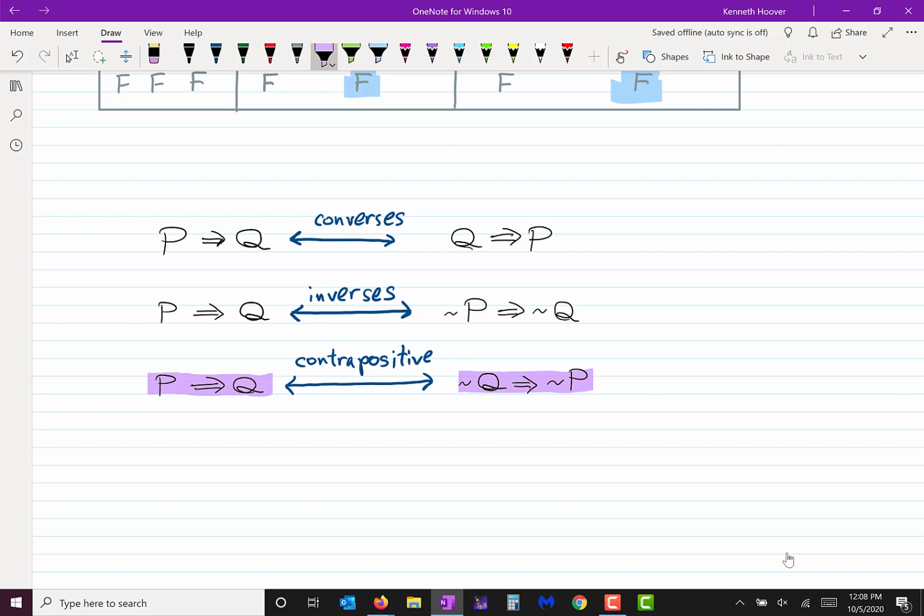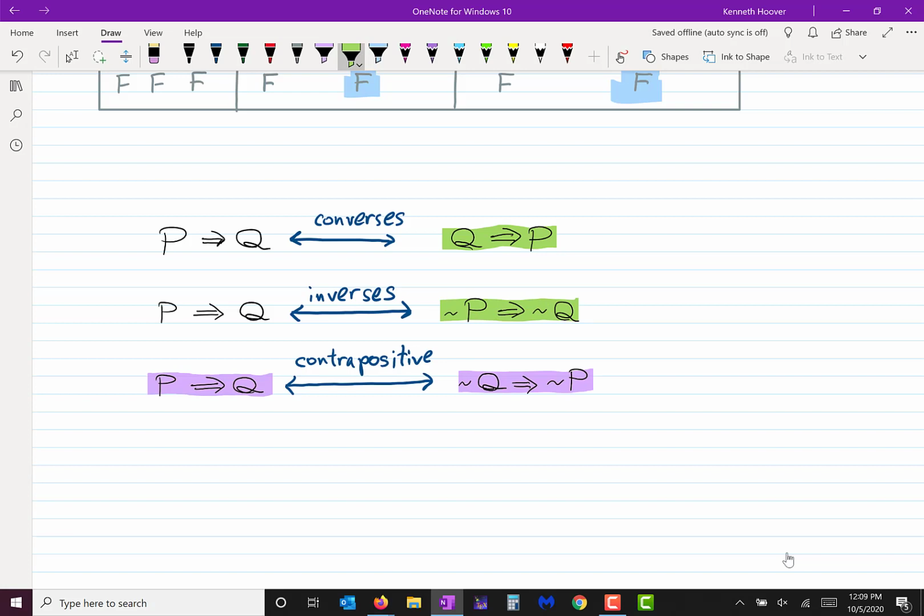Converses are not equivalent to each other. Inverses are not equivalent to each other, but contrapositives are equivalent to each other. And also here's a point of interest. The converse and inverse of a statement are equivalent to each other. Those two green things are equivalent because look at them.